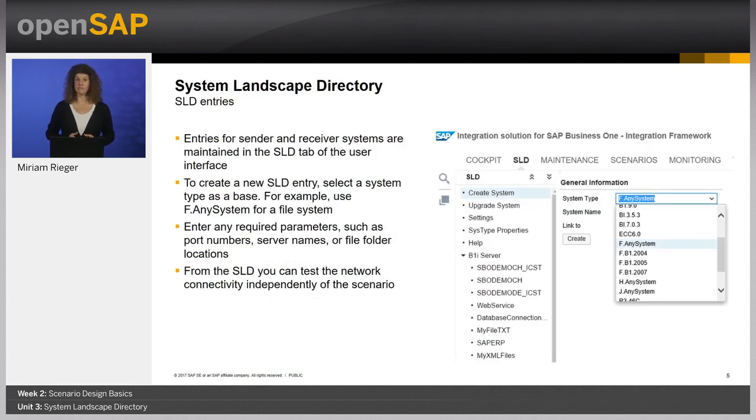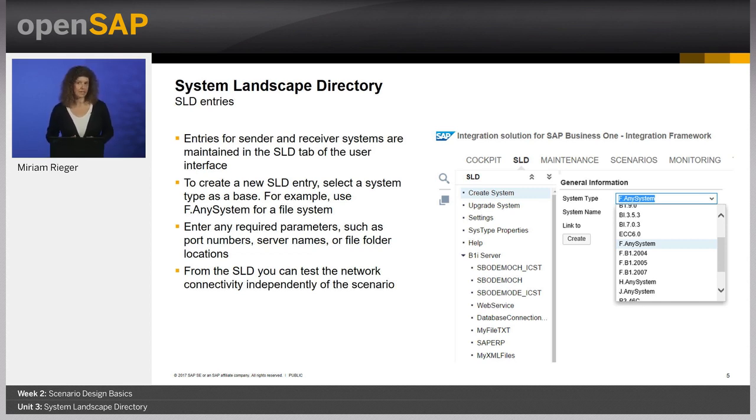The sender and receiver systems are maintained in the SLD tab in the user interface. When you test the scenario in your development environment, you define an entry in the SLD for each sender and receiver. To create a new SLD entry, select a system type as a base. For example, use F.any system for a file system.